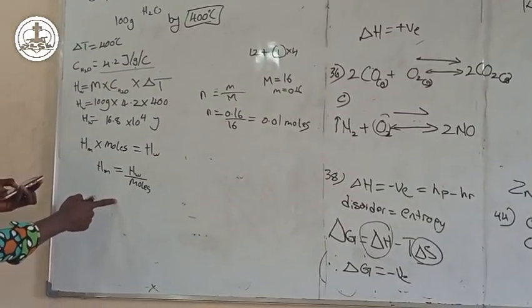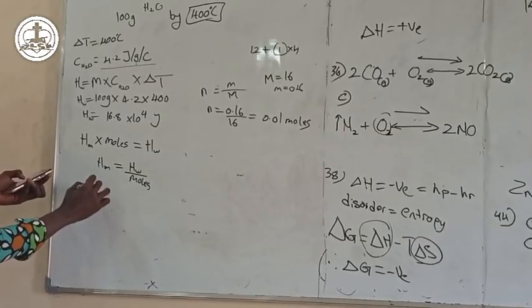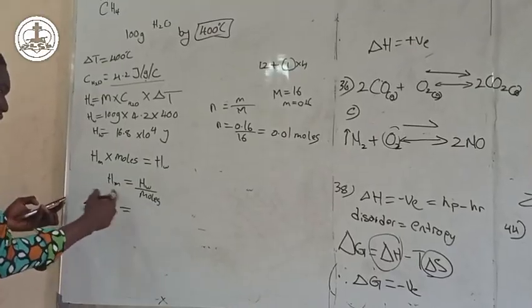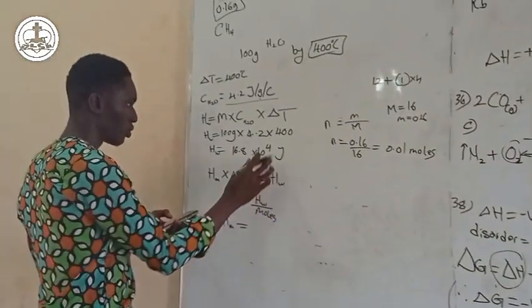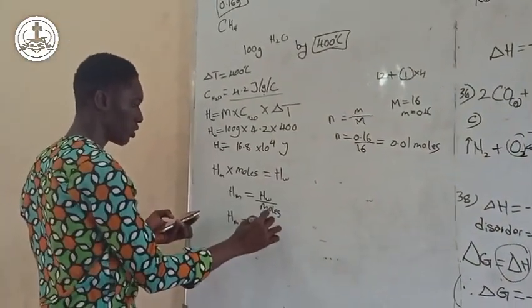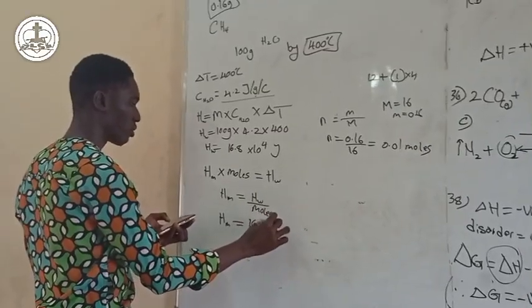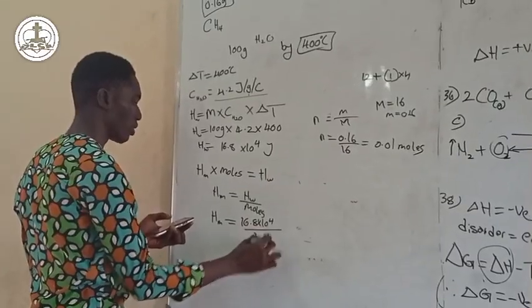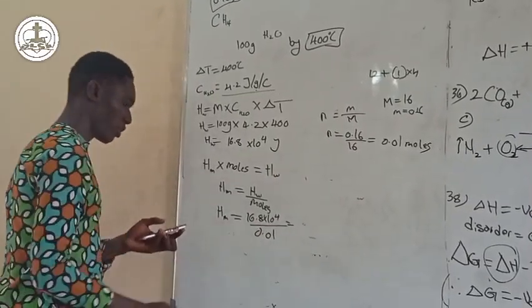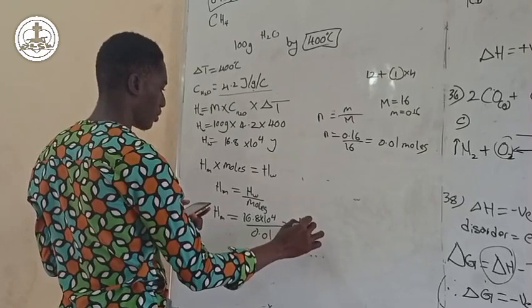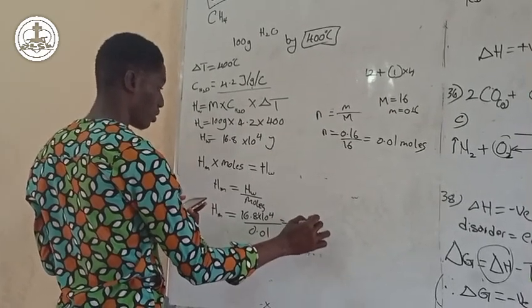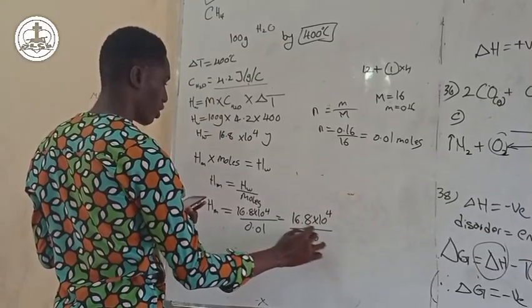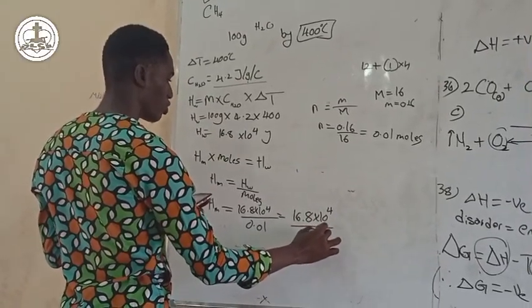We're going to use this here. Hm, the heat of combustion of methane, is equal to 16.8 times 10 raised to the power 4 over 0.01. To make things easier, we apply indices: 0.01 is 10 raised to the power minus 2.